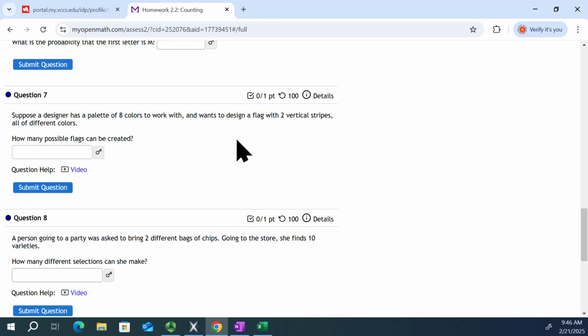Eight colors, and we want a flag with 2 vertical stripes, all of different colors. Basically, is this combinations or permutations? Does order matter? Order doesn't matter. Repeats aren't allowed.